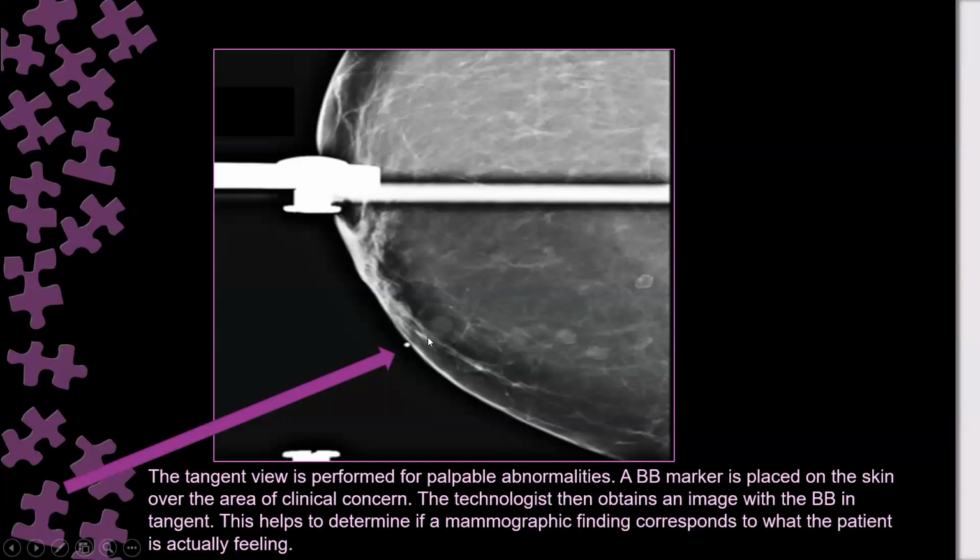So that is the palpable abnormality, an oil cyst or fat necrosis. By tangential view, you could localize exactly where the palpable abnormality is. You see, that is the one without any overlapping, because tangentially, you can say that is the area where the palpable abnormality is by the BB markers.